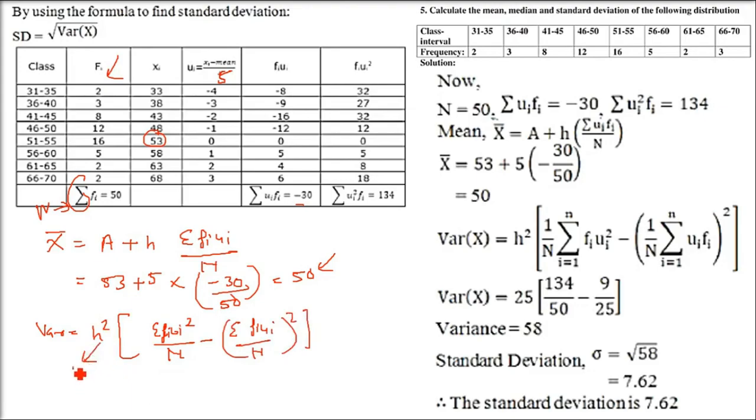So you put h as 5, sigma fi ui whole square as 134, N as 50, and sigma fi ui as minus 30. This is how the values are put, as I told you. The computed variance is 58 and the standard deviation is the square root of 58, which is 7.62. So the standard deviation is going to come as 7.62.